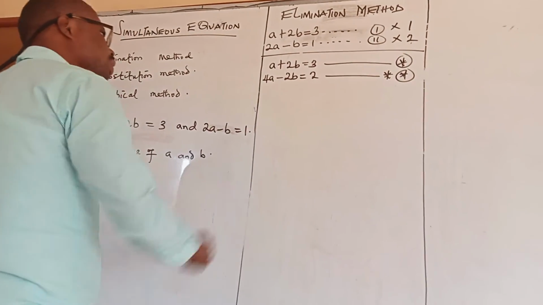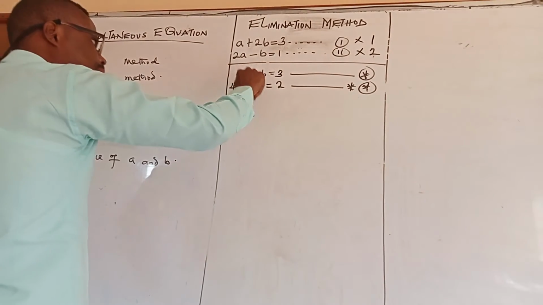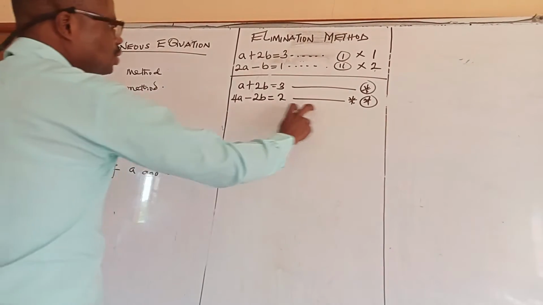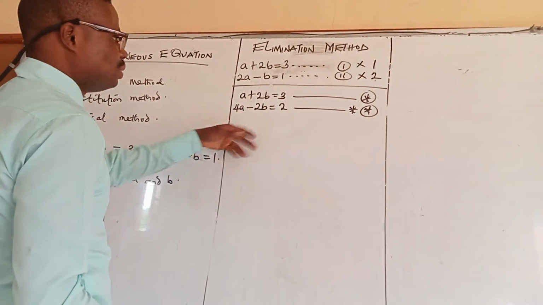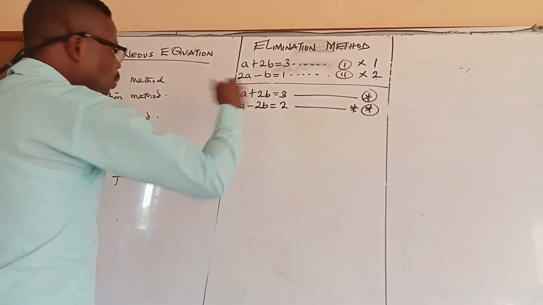If you have different signs, plus minus or minus plus, we add the two equations. Otherwise, we subtract. In order for B to be eliminated, we add the two equations.